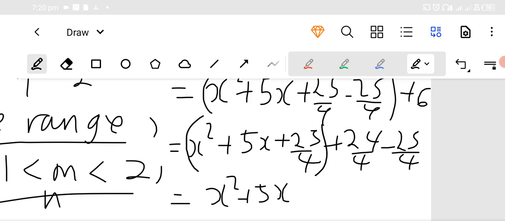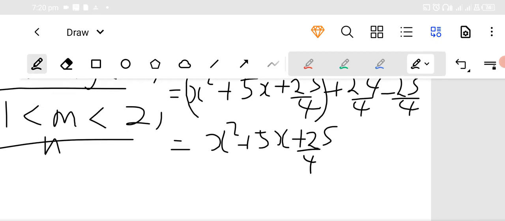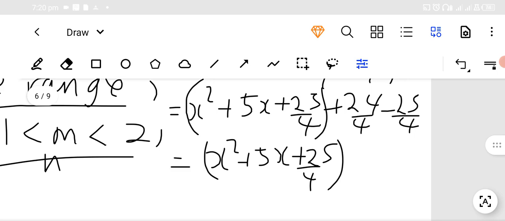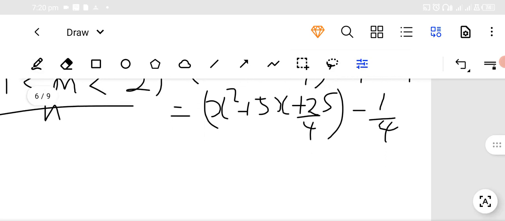So now we can get rid of the brackets. Okay, not yet. First of all, let's simplify there. We still maintain plus 25 over 4, then we simplify what we have there. It's going to be negative 1 over 4, 24 minus 25, yes.